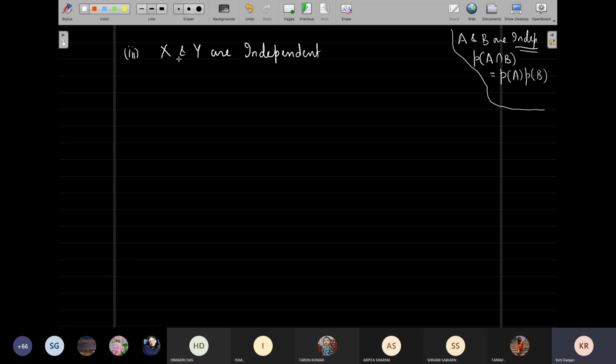Yeah. So what if the two random variables, remember that the random variable is nothing but some sort of numerical values we assign to each of the sample point. If two random variables are independent, then our joint PDF P_XY is written in terms of the marginal PDF product.